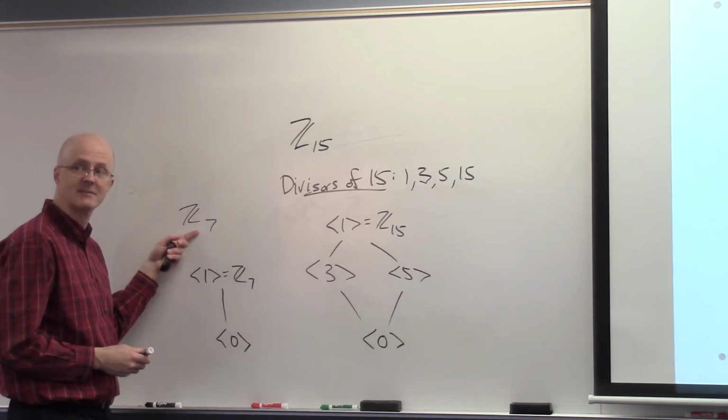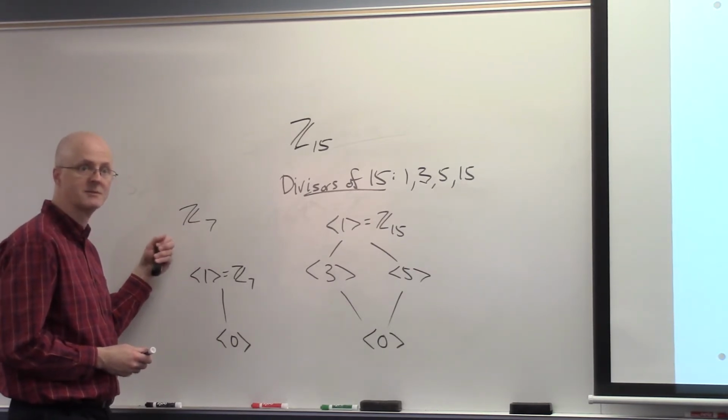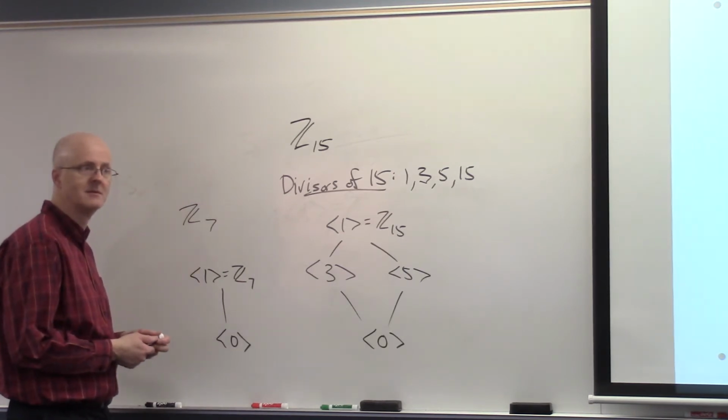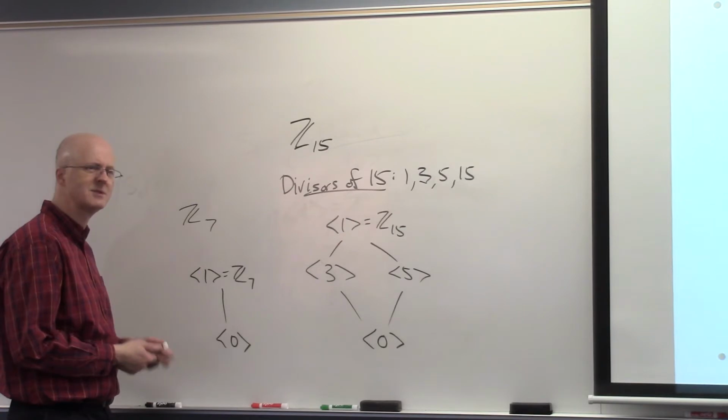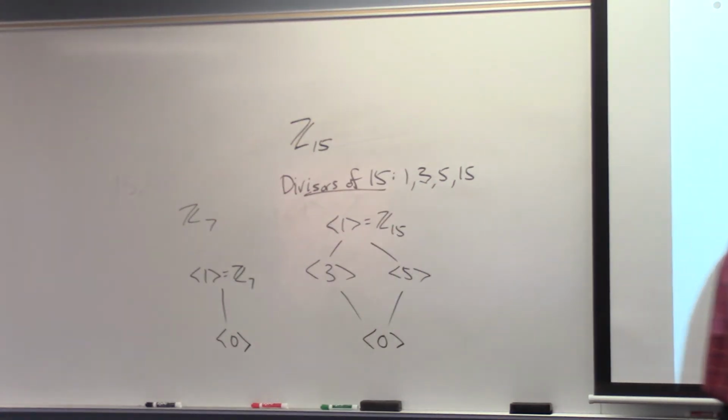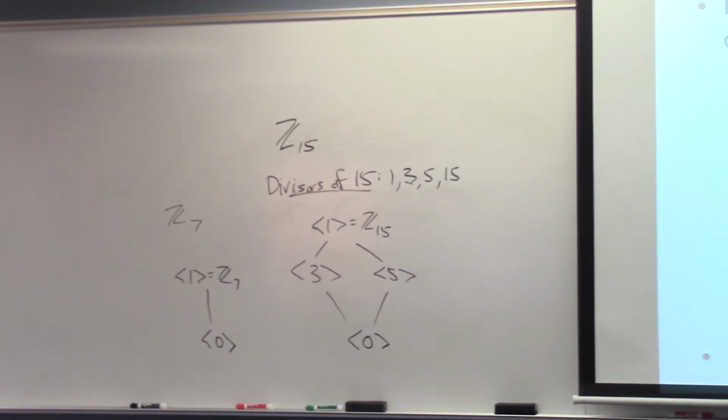The cyclic group has prime order. It only has two subgroups, the trivial subgroup and the whole group, the non-proper subgroup. Okay, so it's a tool to help us understand groups. We'll continue making them from time to time.